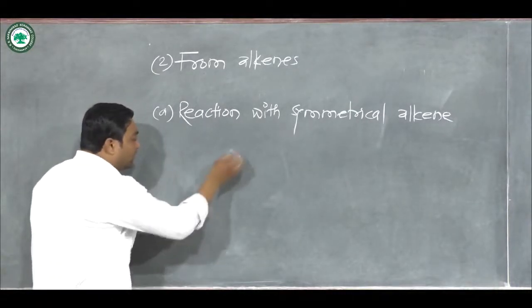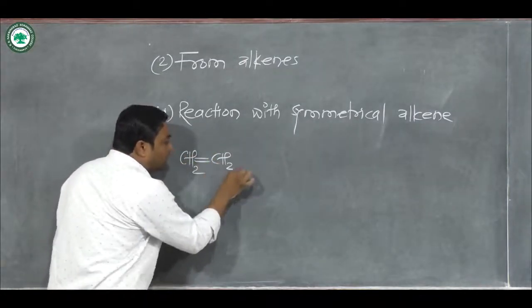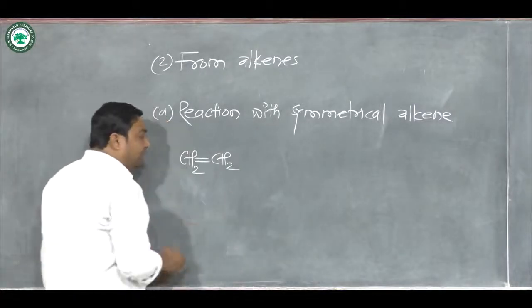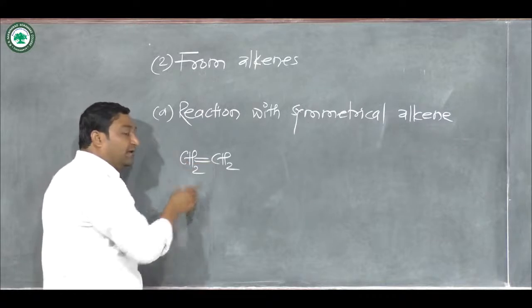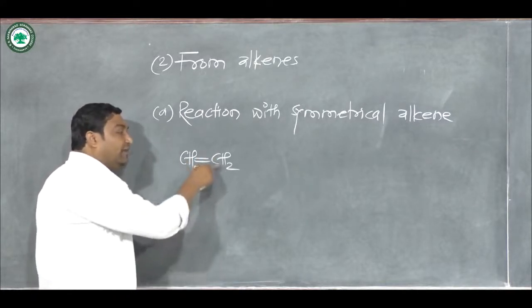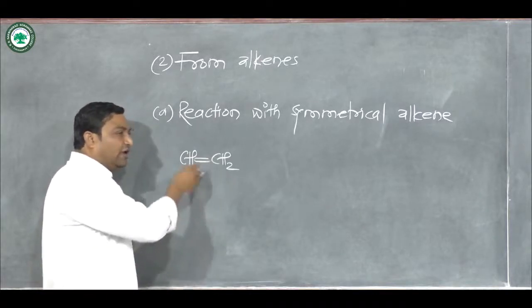For example, ethene, which is the simplest alkene, in which both the carbon atoms between which the pi bond is present have symmetrical substituents, that is, hydrogen atoms.